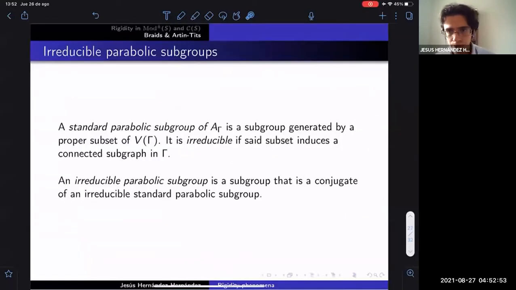So I can pull the definitions of parabolic subgroups from the braid groups into the Artin-Tits groups and ask what it means to have a standard parabolic subgroup, and what it means to be irreducible, which is just that you're taking connected subgraphs of gamma. And then I'm going to say I have an irreducible parabolic subgroup if it is conjugate to some irreducible standard parabolic subgroup.